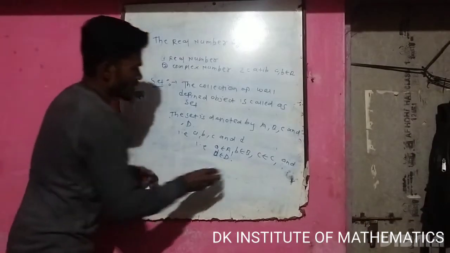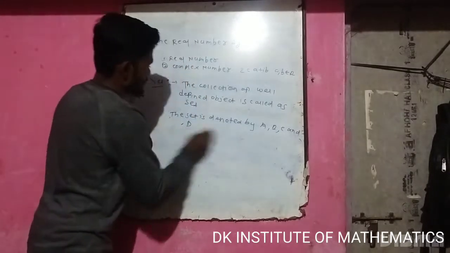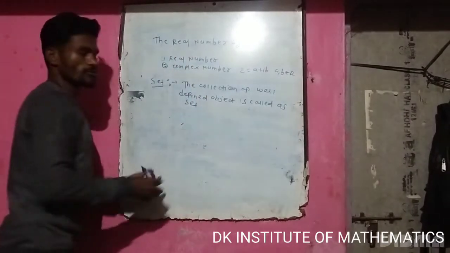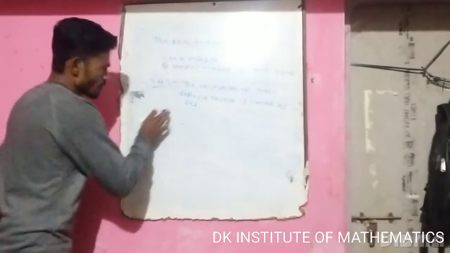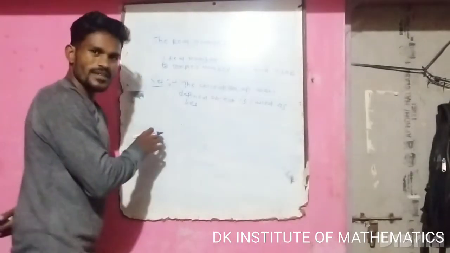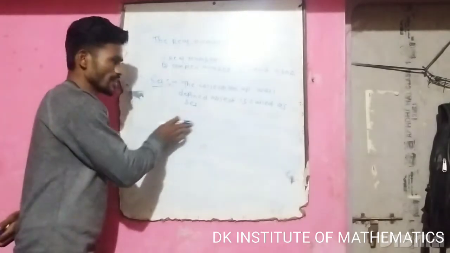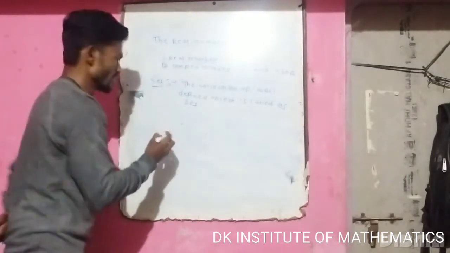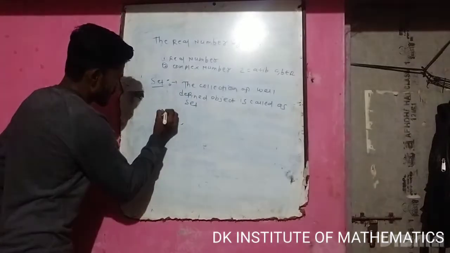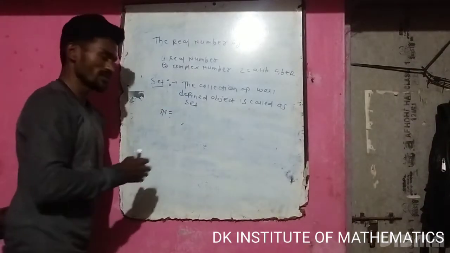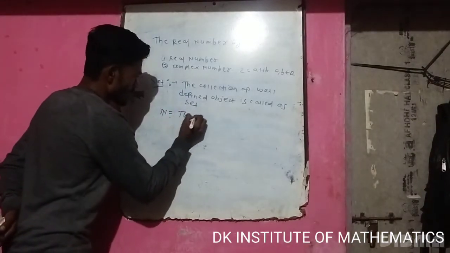Commonly, in set theory, specific sets are denoted by particular letters. The first is capital N, the set of all natural numbers.